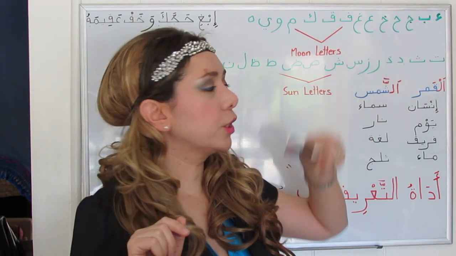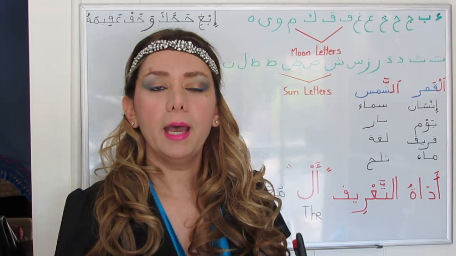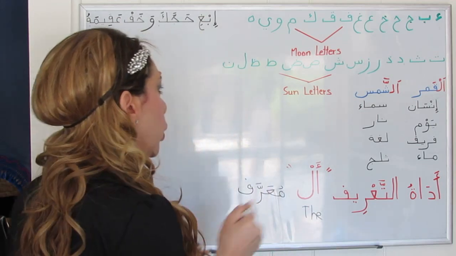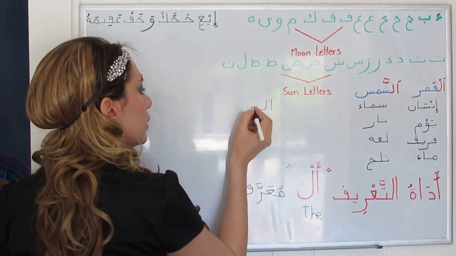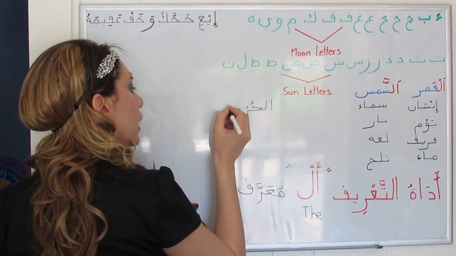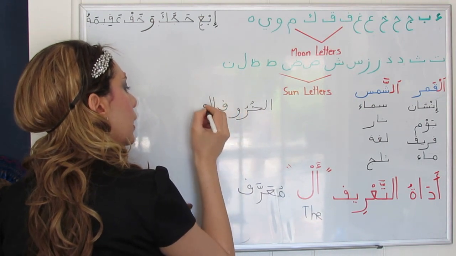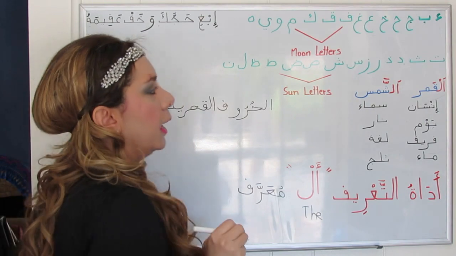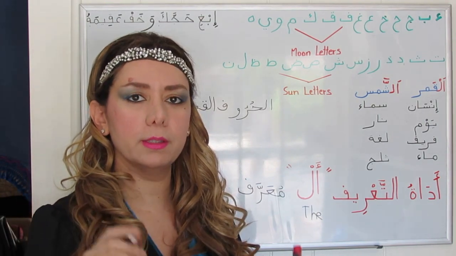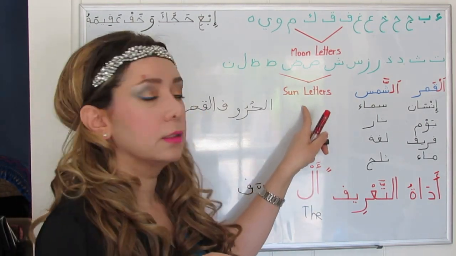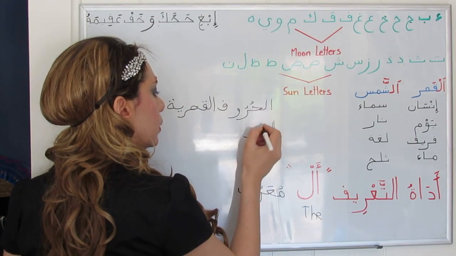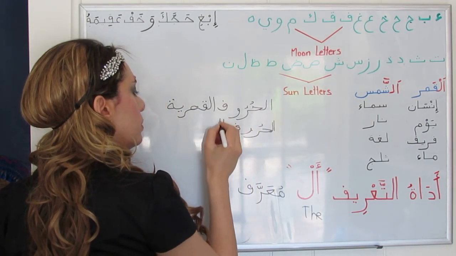So one group has the moon letters, الحروف القمرية. And the other group contains sun letters, الحروف الشمسية.